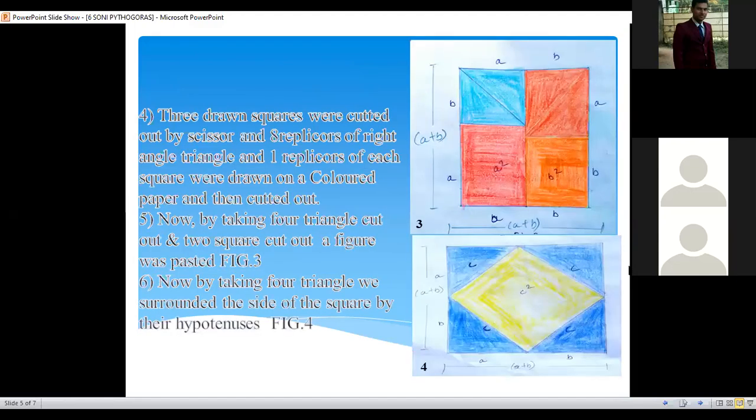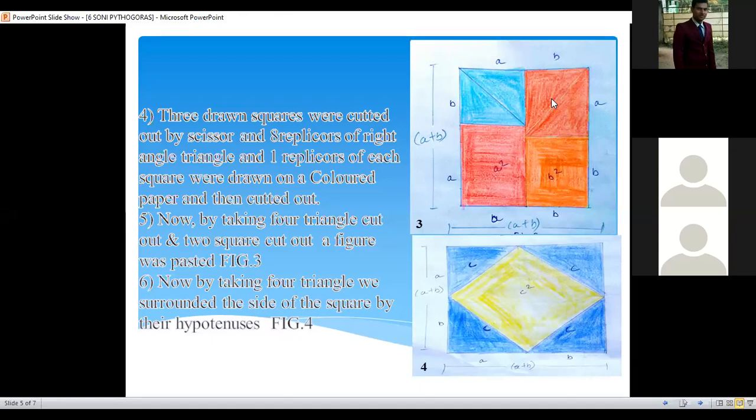So thank you, Sony, for presenting how to prove the Pythagoras theorem with the paper cutting and pasting method. We all can try this at home. We can refer to this presentation as well as YouTube or other online platforms to prove the Pythagoras theorem, which is a very useful theorem in our mathematics.